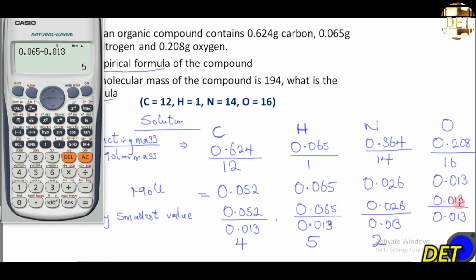And then 0.013 divided by 0.013 will give us 1, right?